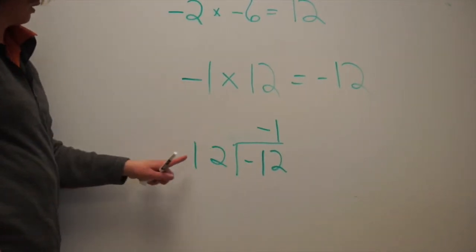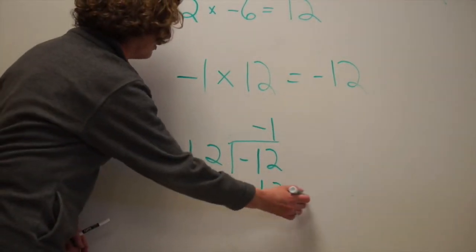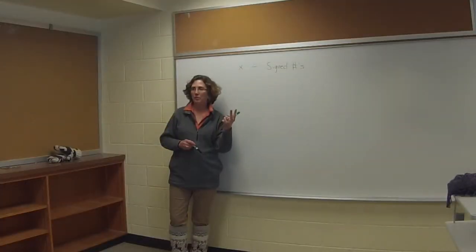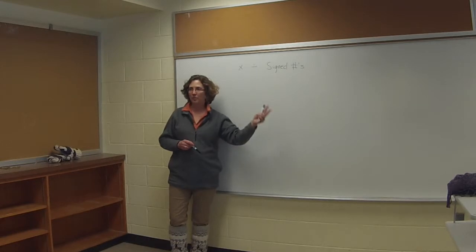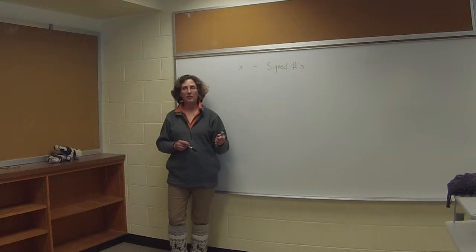So negative times a positive equals negative 12. Two negative numbers multiplied together equals a positive number. We can know that the opposite is true for division. We know now that one negative number multiplied together with a positive number makes the answer negative.